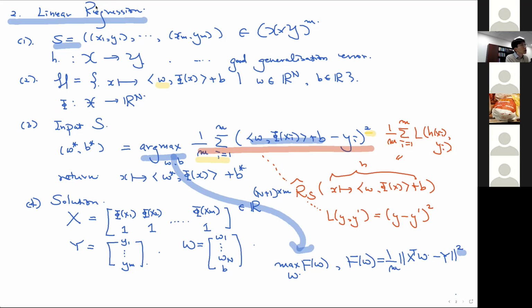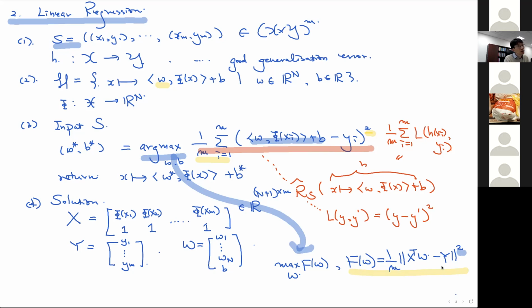But once you do so, we can immediately see that what we are trying to solve is a simple optimization problem. The function we have here is a quadratic function. It's a bit like some ax minus y squared.